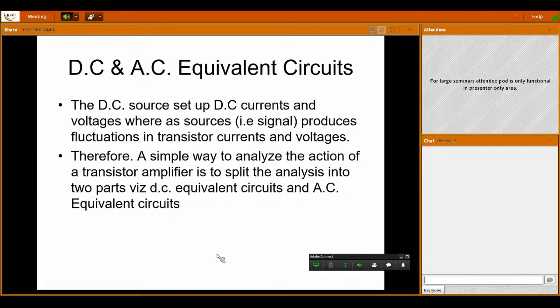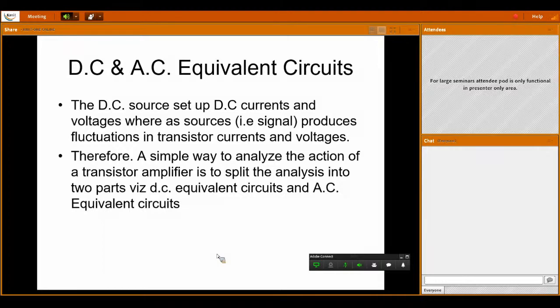So next, a simple way to analyze the action of your transistor amplifier is to split the analysis into two parts. So first one is the DC. First we have to take the DC equivalent circuit. Thereafter we have to take the AC equivalent circuit, and we'll do separately the DC analysis as well as the AC analysis.